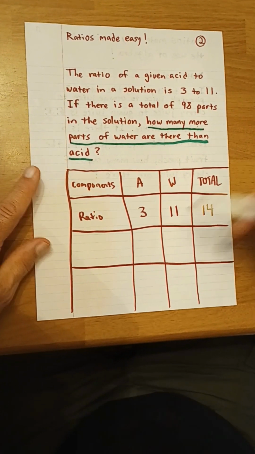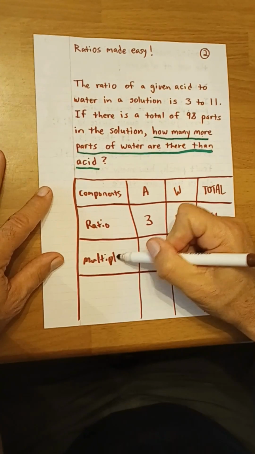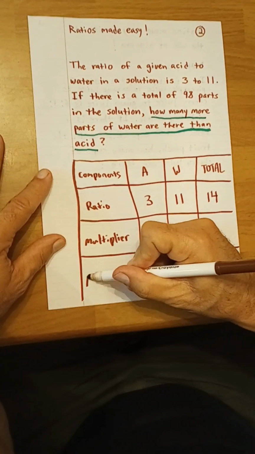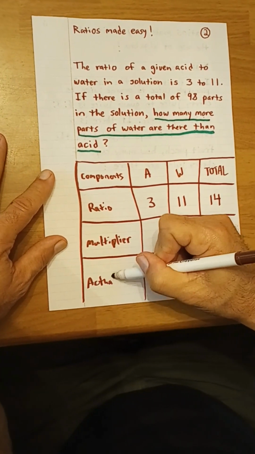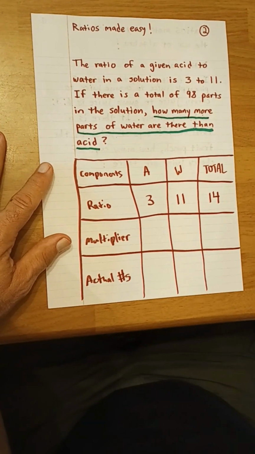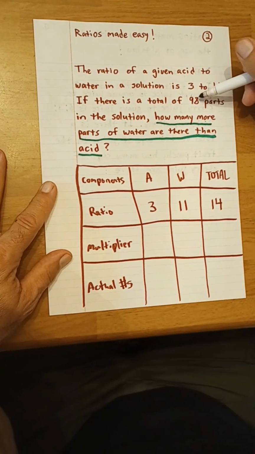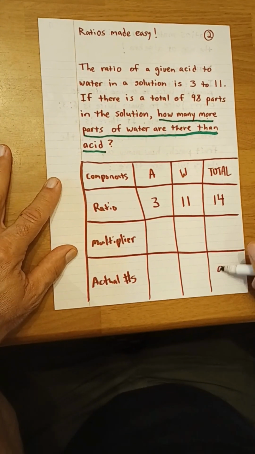Underneath the ratio, we have our multiplier. And then lastly, we have our actual numbers. Okay, so here our actual number of the solution, let's say, is 98.